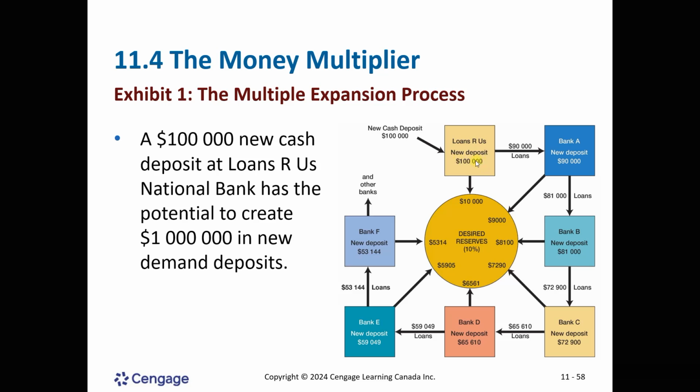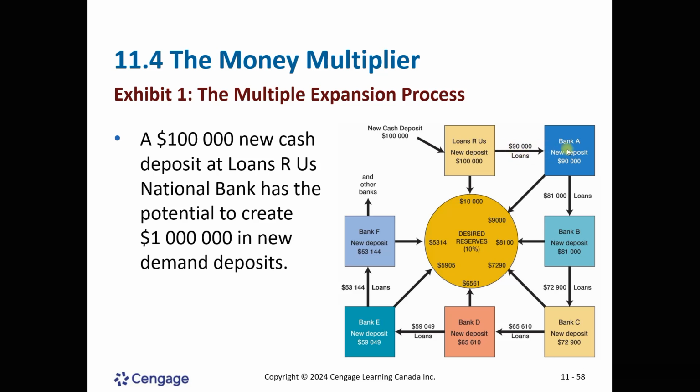So here, for example, it says you have a new deposit of 100. Now what happens is that we are under the assumption that the desired reserve is 10%. In other words, the bank is going to keep 10% of this money. So you can see that 10% is 10,000, and the other 90,000 is given out as a loan.